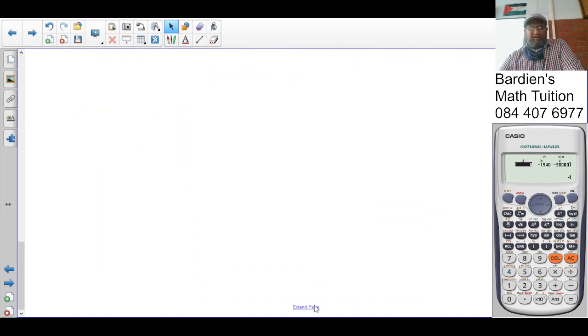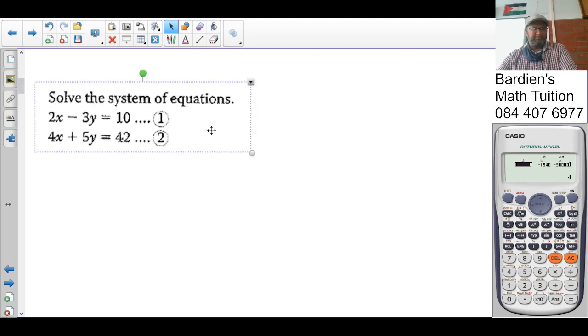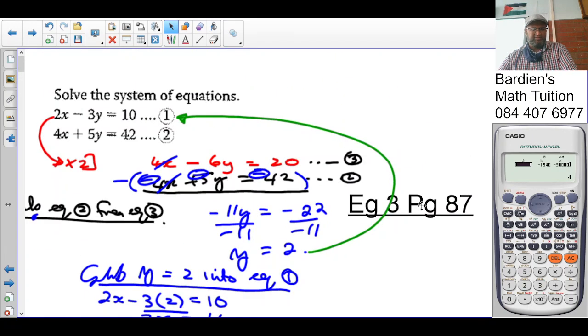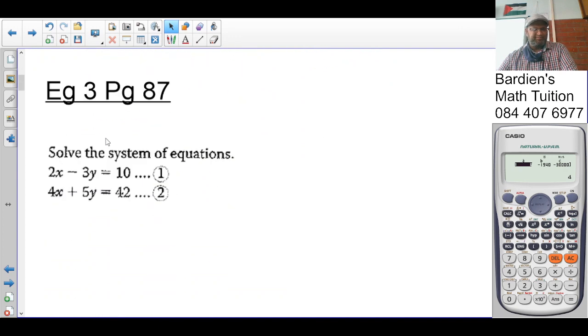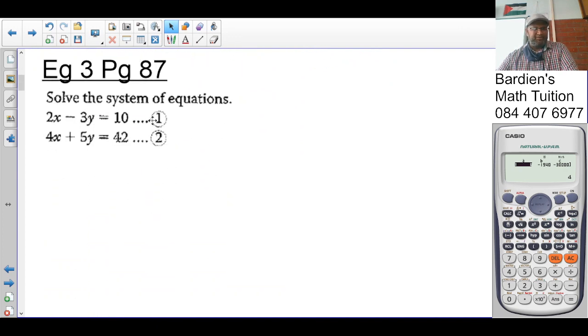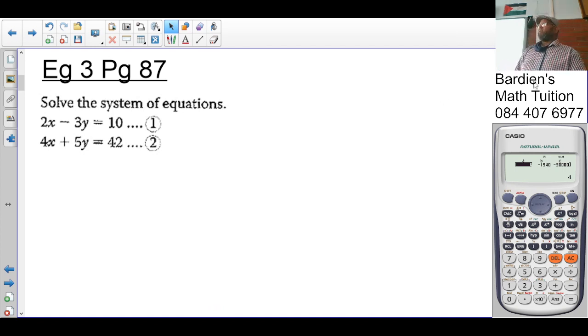Let's see what would have happened if I eliminated the y. Okay? If I eliminated the y. Well, how would I have eliminated the y? As you got already, equation 1 and equation 2 is marked out already.